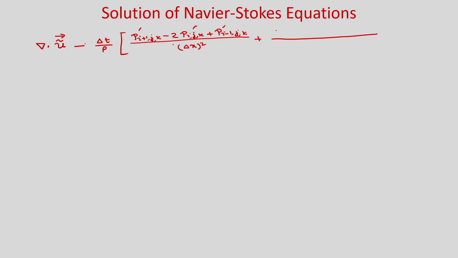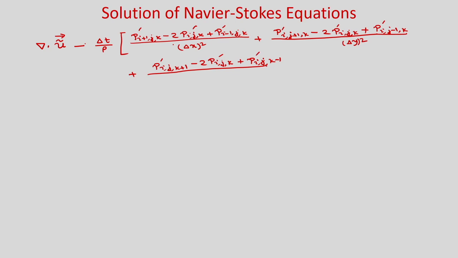Similarly, you can write p prime i j plus 1 k minus 2 p prime i j k plus p prime i j minus 1 k by delta y square, plus p prime i j k plus 1 minus 2 p prime i j k plus p prime i j k minus 1 divided by delta z square is equal to 0.